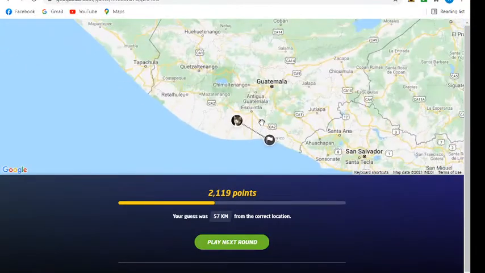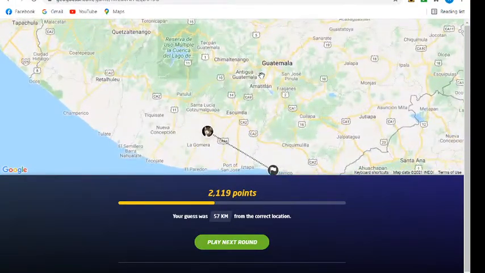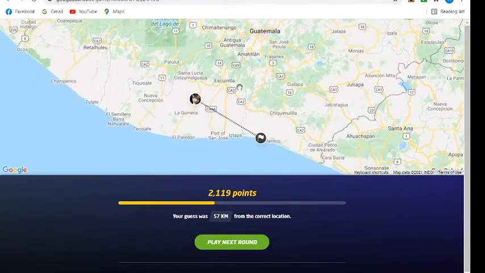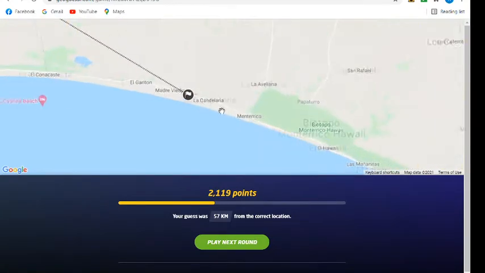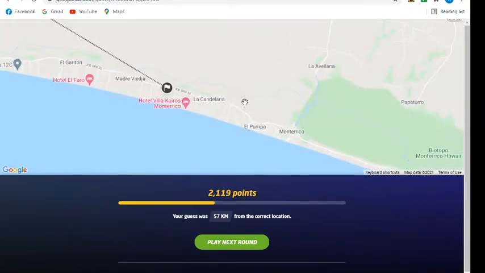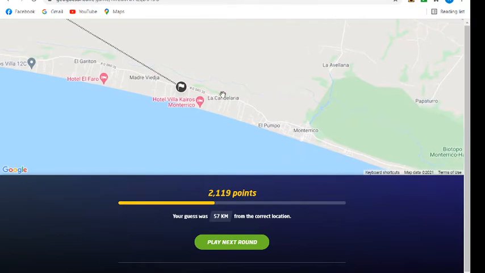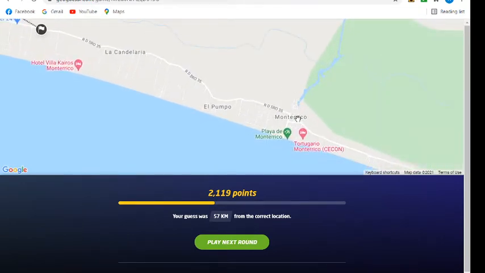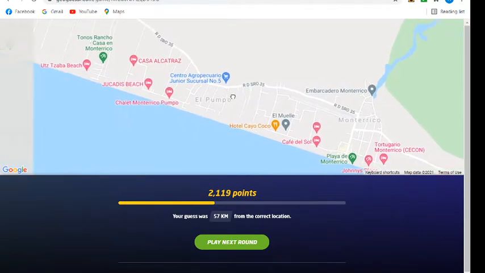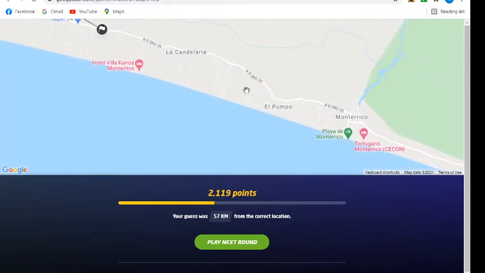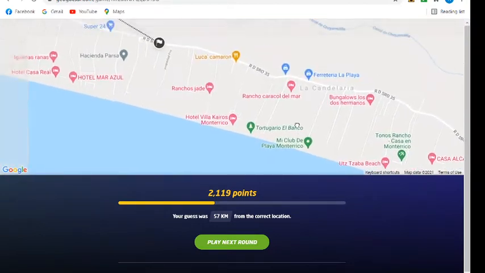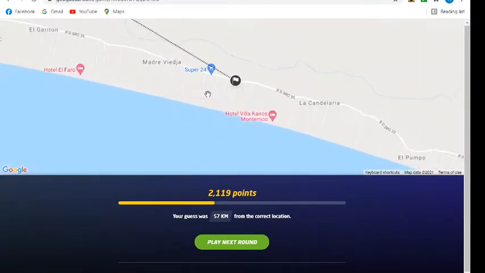Okay, so the region of the country was right. Monterrico is there, La Candelaria is there. Monterrico maybe is a little bit more of the urban area here, but there's kind of a strip of scattered village along the coast here.